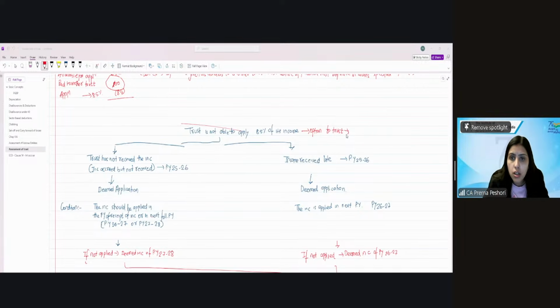In this case, the trust can exercise the option by filing a particular form, the form 9A.